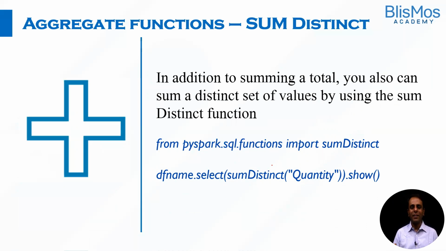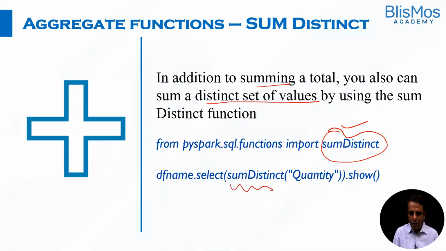In the same way, sum distinct will sum a total of all the distinct set of values in a column. How do we use that? Just import the function sum distinct, and then instead of providing the sum, go ahead and provide the sum distinct. It will only add up the distinct values in a column.